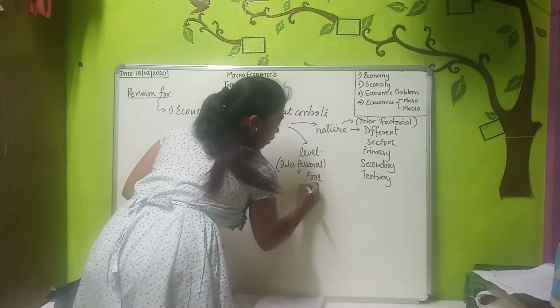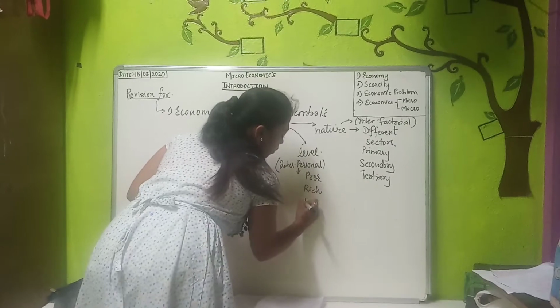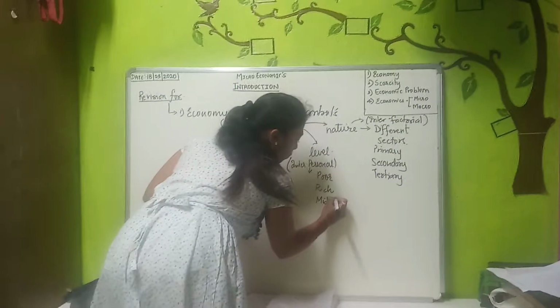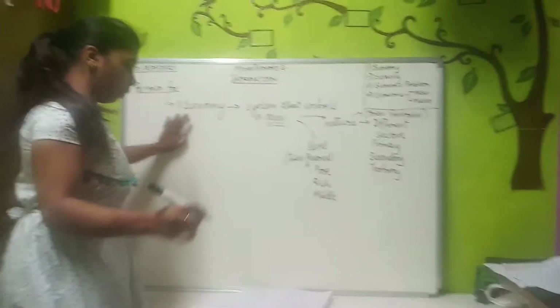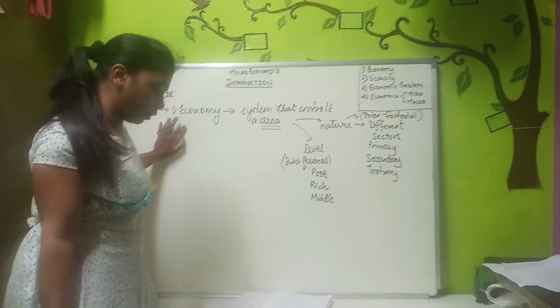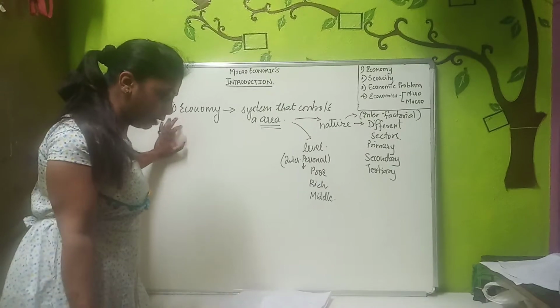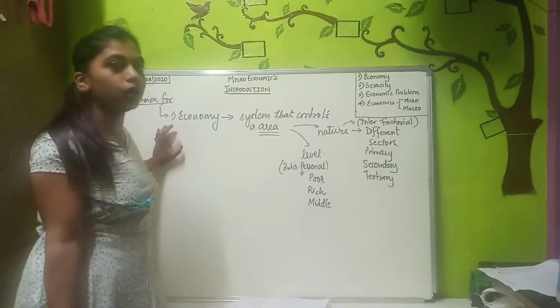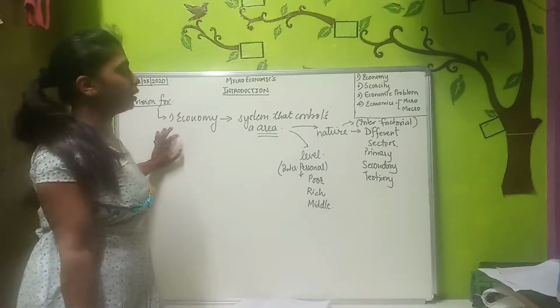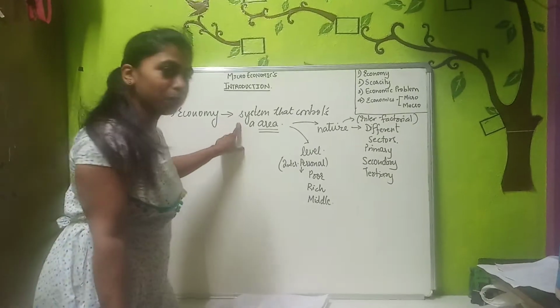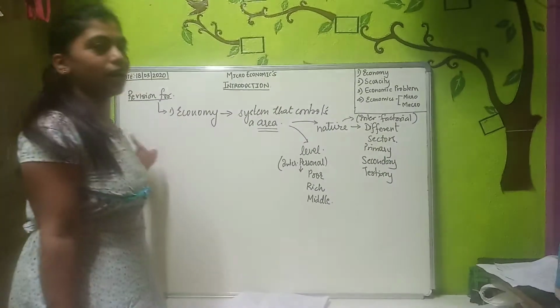Poor, rich or middle. Hope you are clear with the concept of economy. I again define economy: it is a system which is spread over a particular area that reveals the nature or the level of that particular area. It means it's a particular system that controls that area.